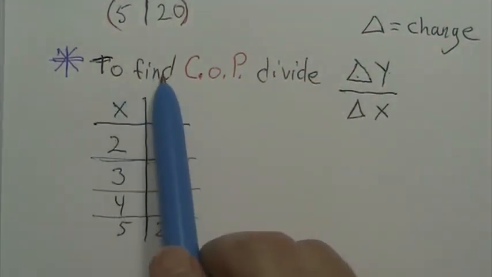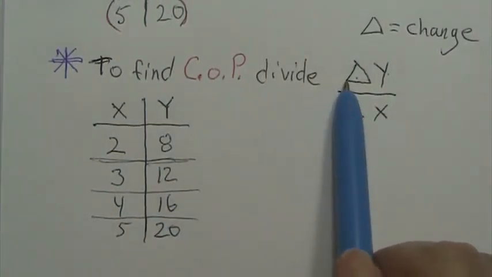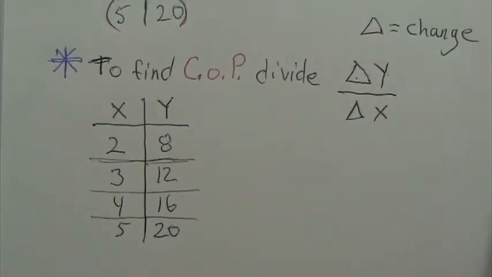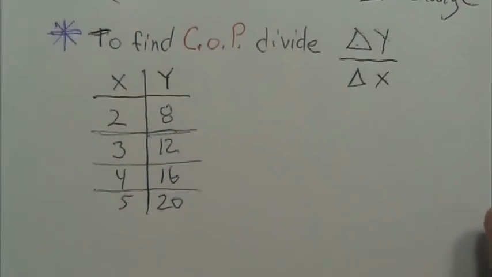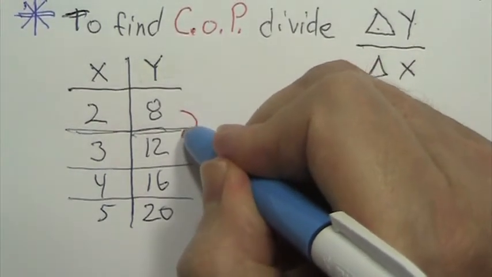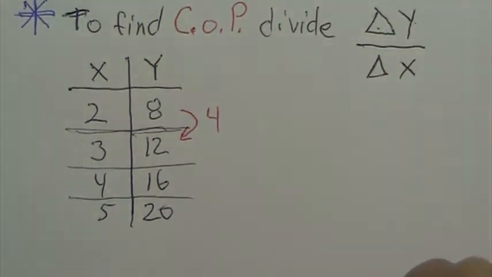Okay, so to find the constant of proportionality, divide the change of y over the change of x. What do I mean by that? To go from 8 to 12, it changed by 4.